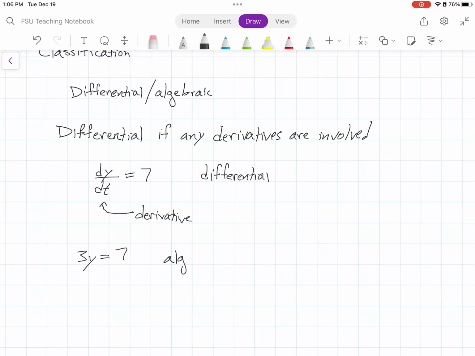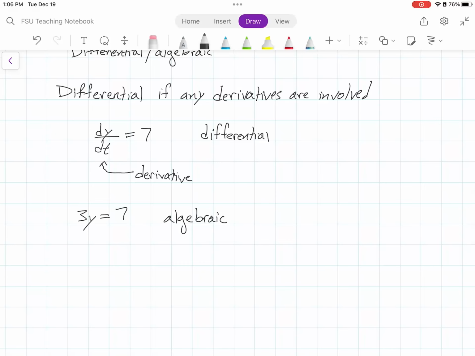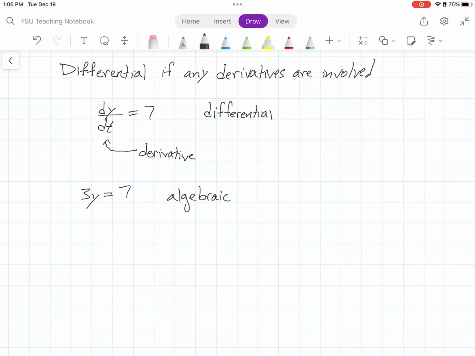There are no derivatives in here. A more complicated example that the book gives of an algebraic equation: if you have something like 7y to the fourth power plus the cosine of t times the sine of y, and you cube the sine, equals tangent of t plus 99.